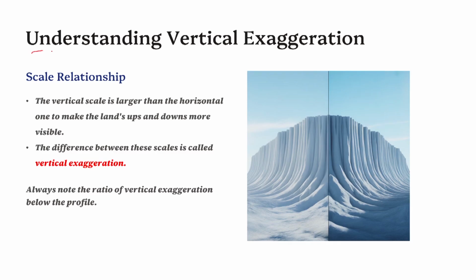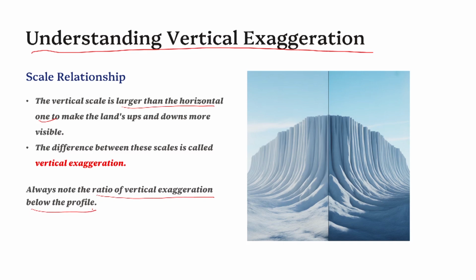Then understanding vertical exaggeration. In the scale relationship, the vertical scale is larger than the horizontal one. The horizontal one is the interval, whereas the vertical one is the elevation. What is the minimum elevation and maximum elevation? Always note the ratio of vertical exaggeration below the profile.